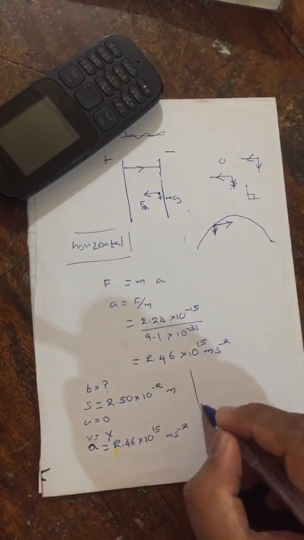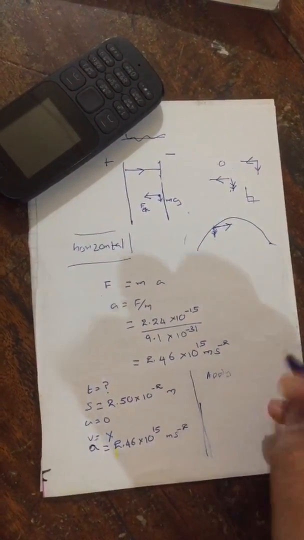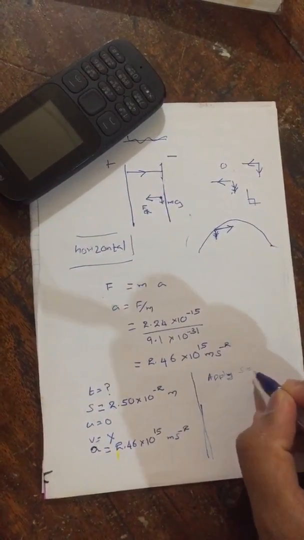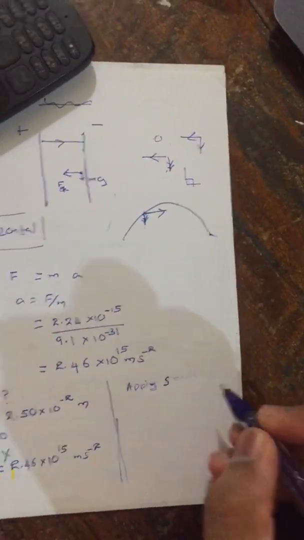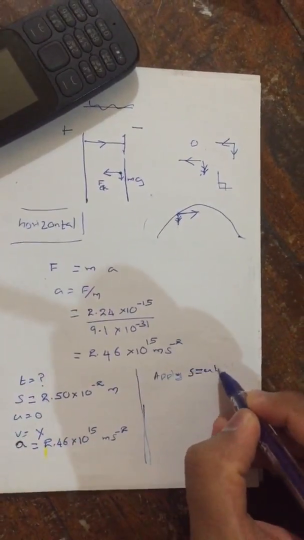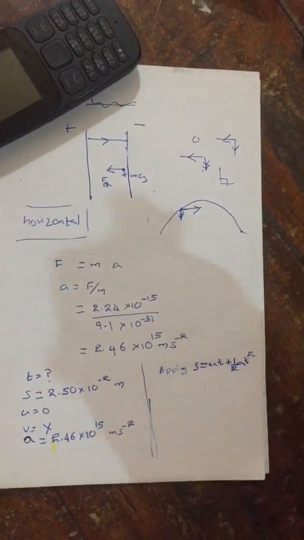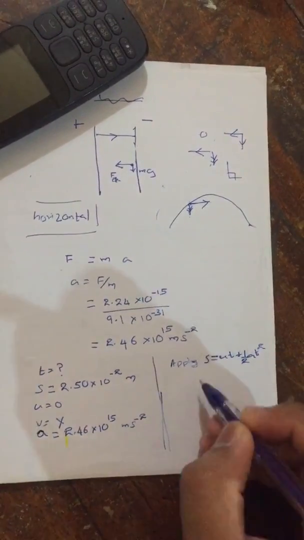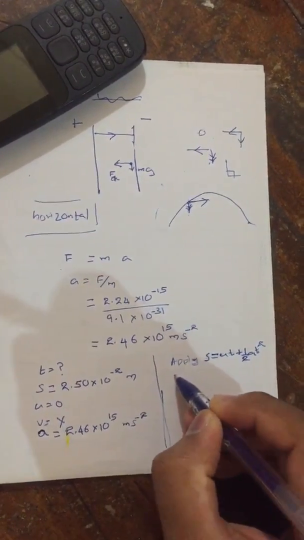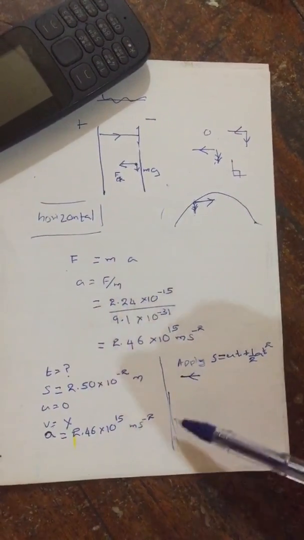So I'm going to apply S is equal to ut plus half at squared, the only equation without V, and I'm going to apply this equation in this direction, considering the left side to be positive.